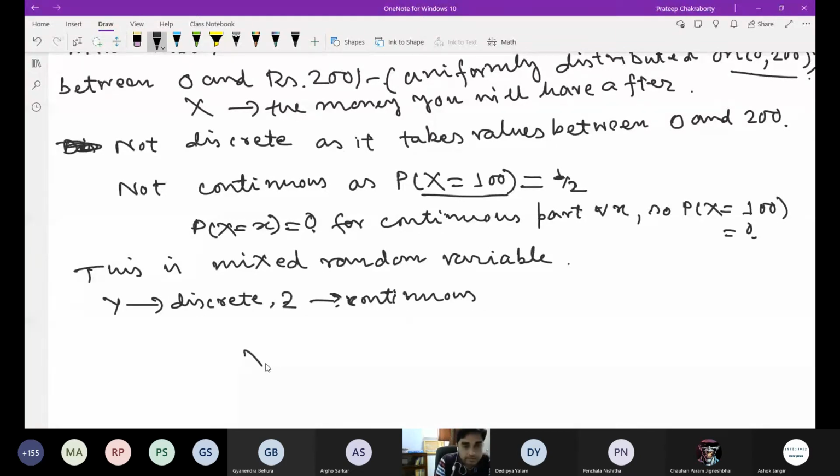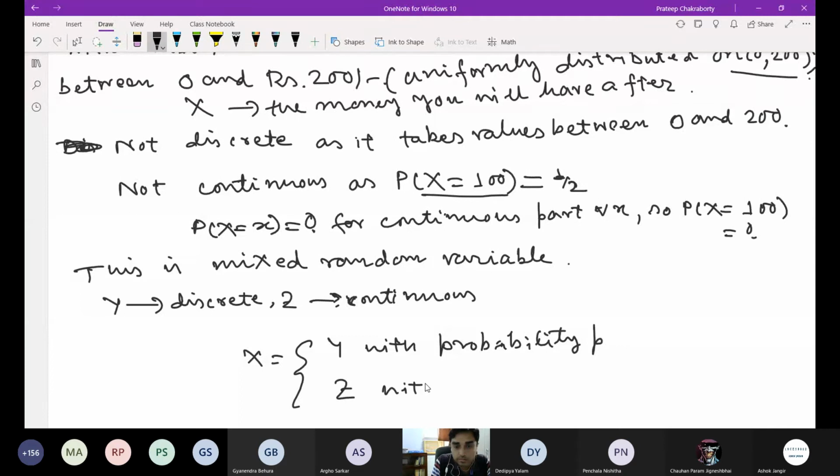And we define X to be Y with probability p and Z with probability 1 minus p. Here p is greater than 0 and less than 1. So these things we can define rigorously.